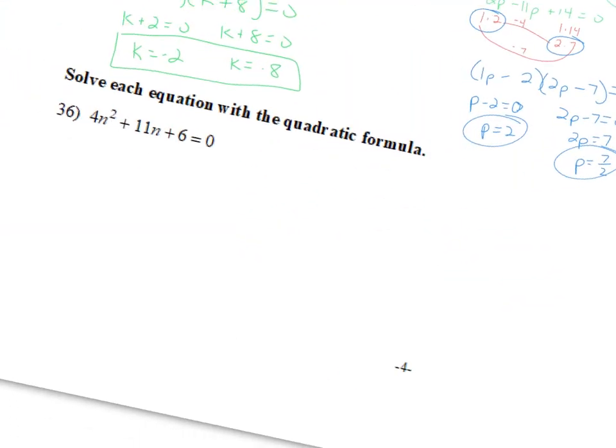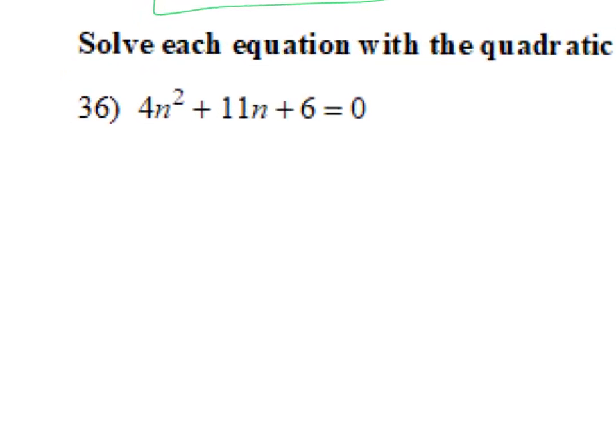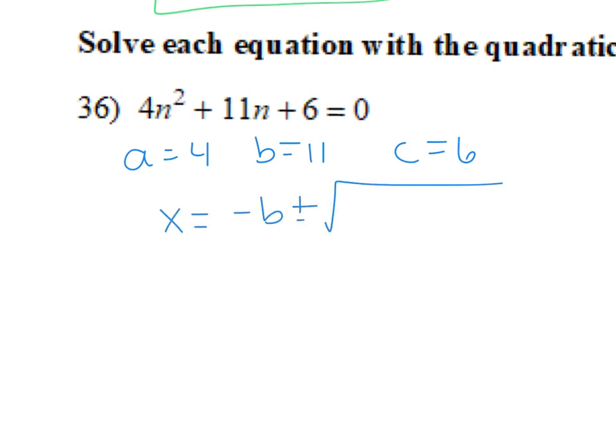All right, and the last problem, quadratic formula. So we need to know A, B, and C. So A is 4, B is 11, and C is 6. Okay, now keep in mind we are using the quadratic formula here.